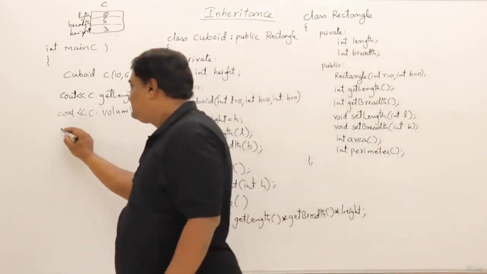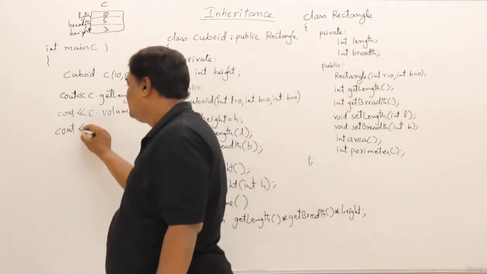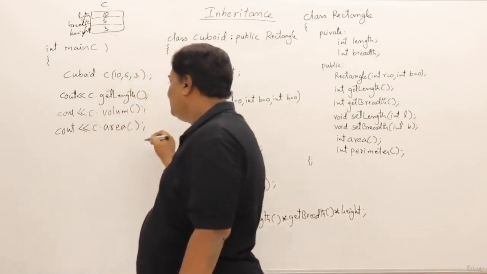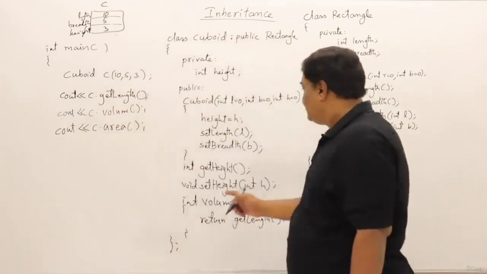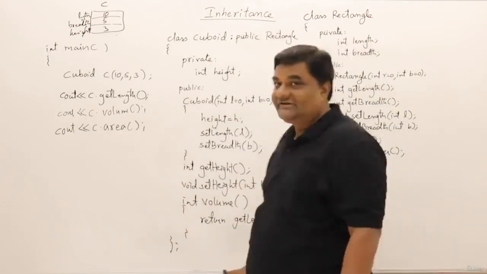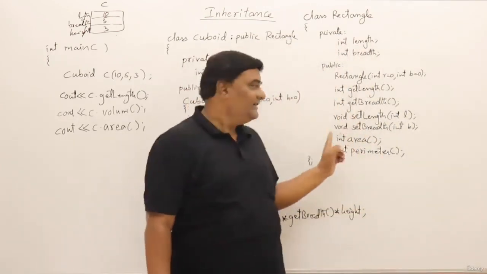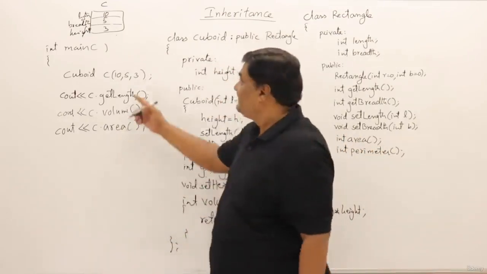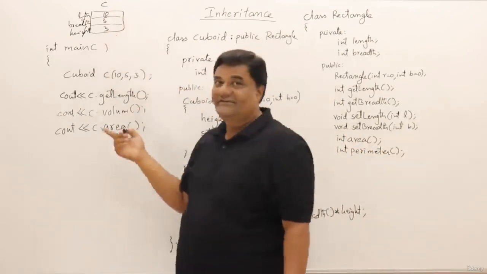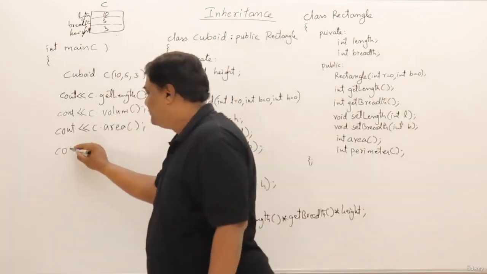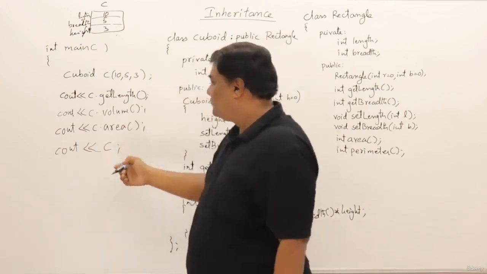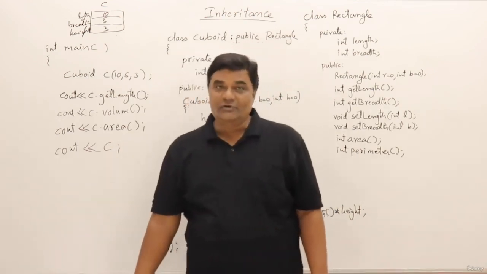Can I say cout c dot area? Yes, I can. So which function will be called? This area function will be called, which is there inside the rectangle, and it will find out 10 into 5, that is 50. At last, suppose I want to say cout C. I want to display the object of cuboid.